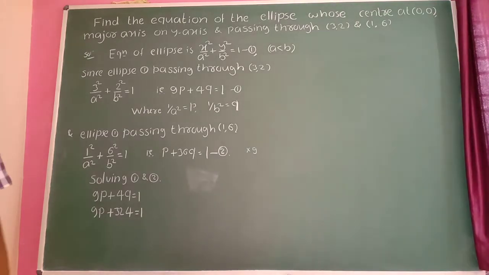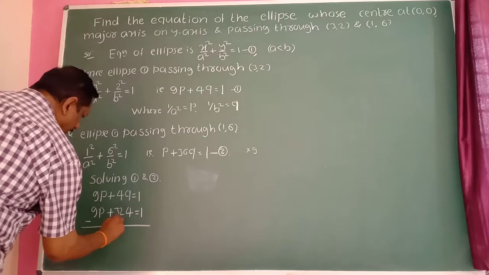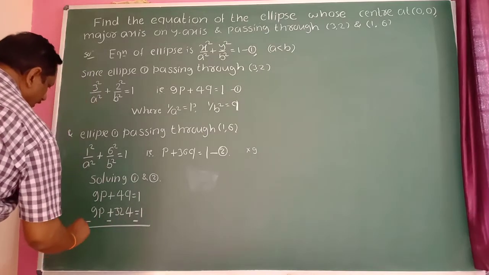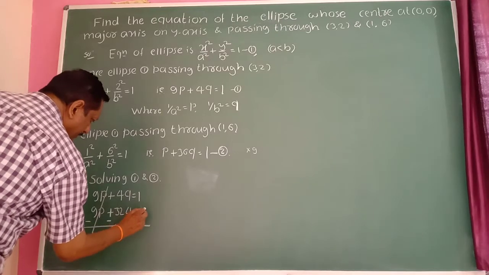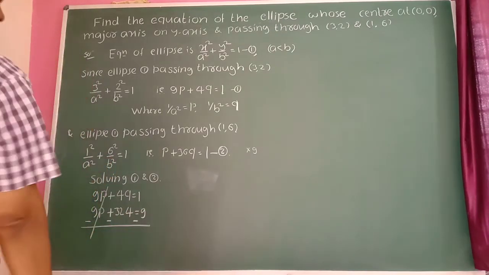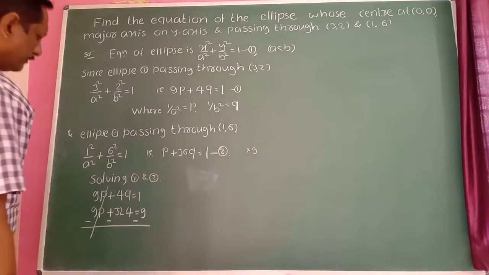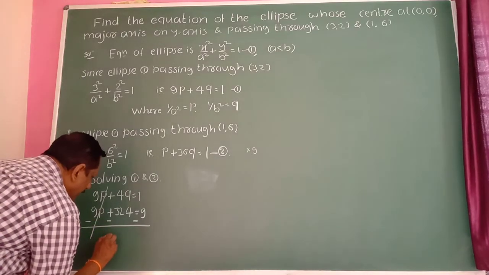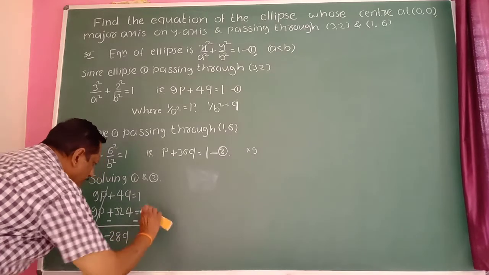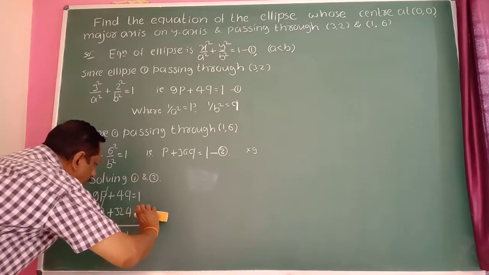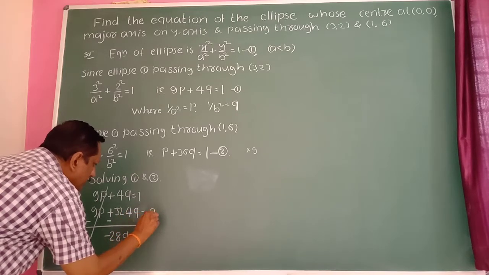Then change the sign here. Minus and minus, then these two terms get cancelled, and here also multiply by 9. So 4 minus 32 here, minus 28 q. Right, here 324 q is equal to 9.